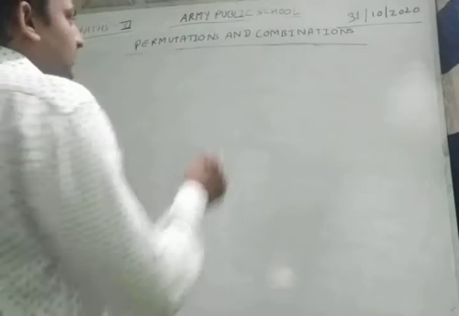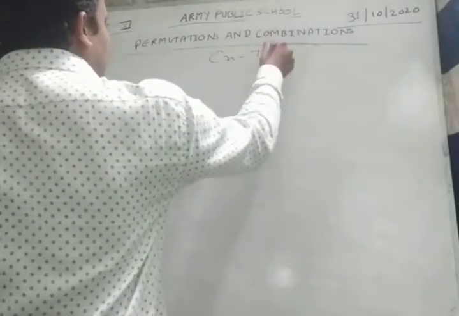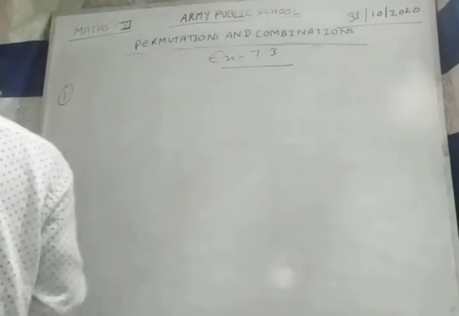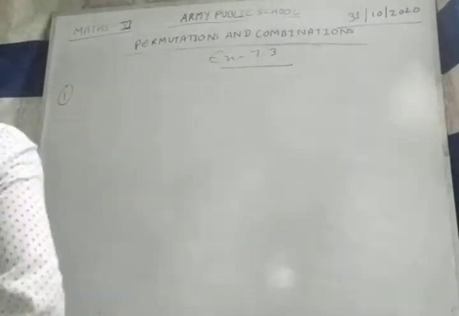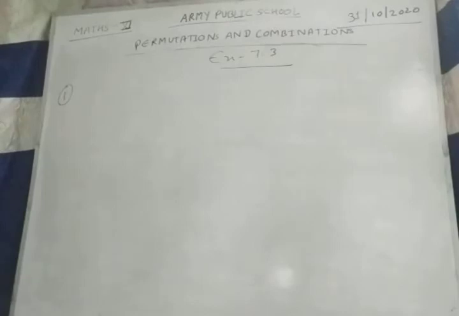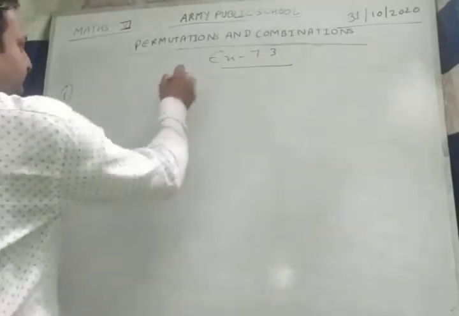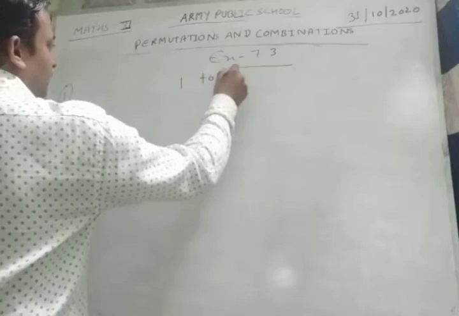Our exercise 7.3, first question. How many three-digit numbers can be formed by using the digits 1 to 9?